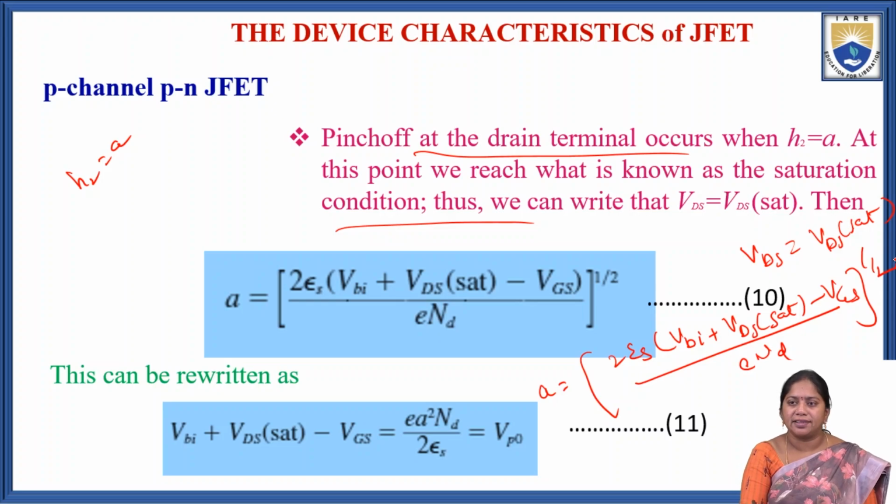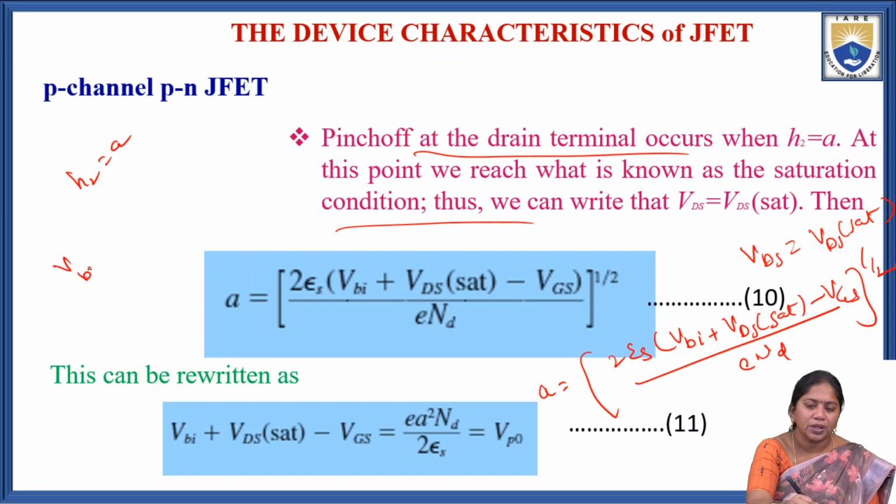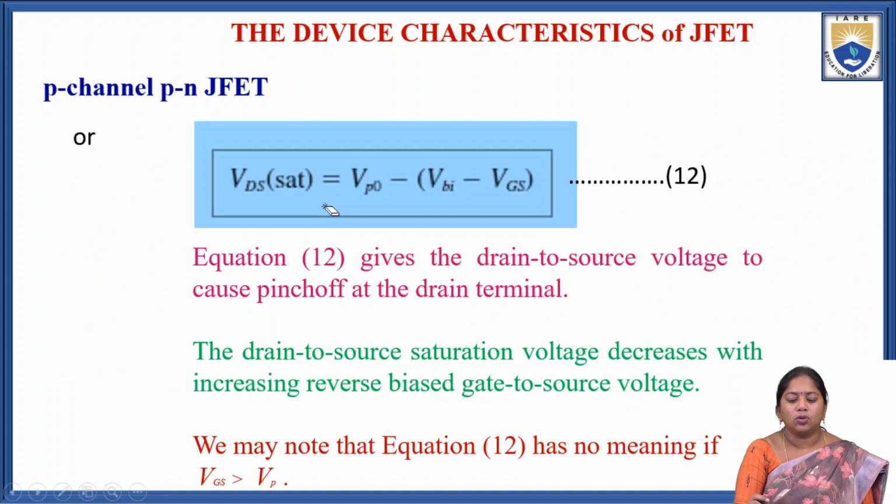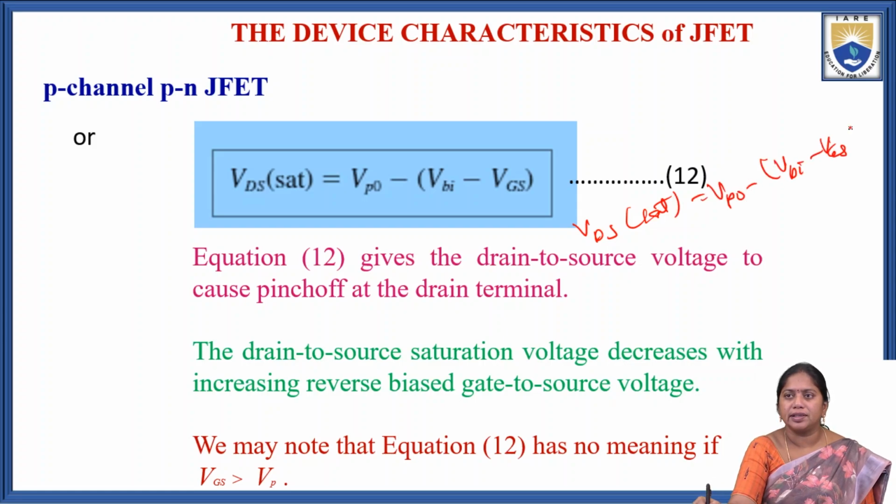This can be written as Vbi plus VDS saturation minus VGS equal to e a square Nd by 2 epsilon s, that equal to Vp0, the internal pinch-off voltage. So VDS saturation equal to Vp0 minus Vbi minus VGS, that is equation 12.